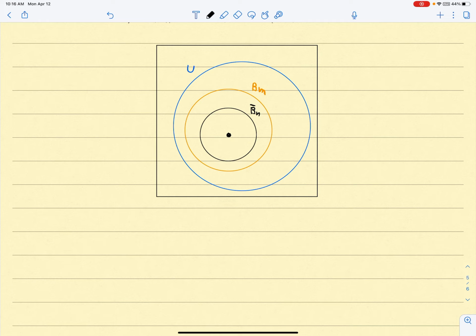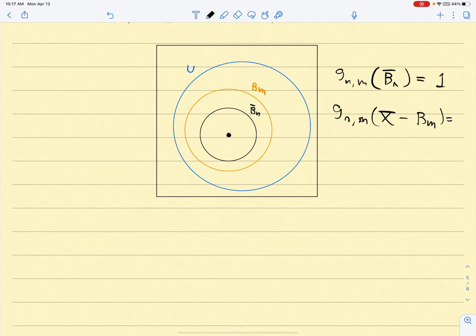All right, so now we apply the Urysohn lemma. The Urysohn lemma would give us a function g n m such that g n m applied to the closure of B sub n is equal to 1, and g n m applied to X take away B sub m is equal to 0.